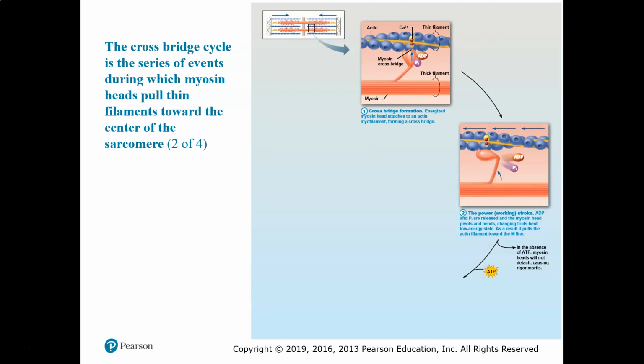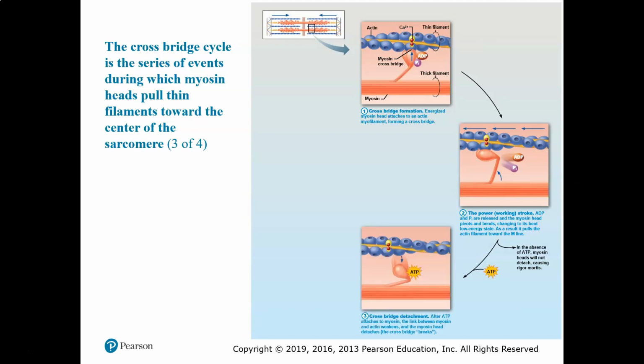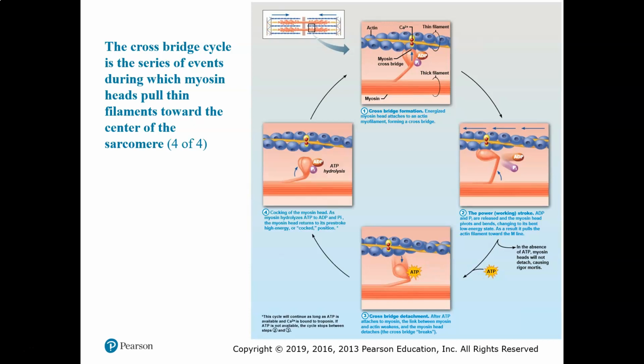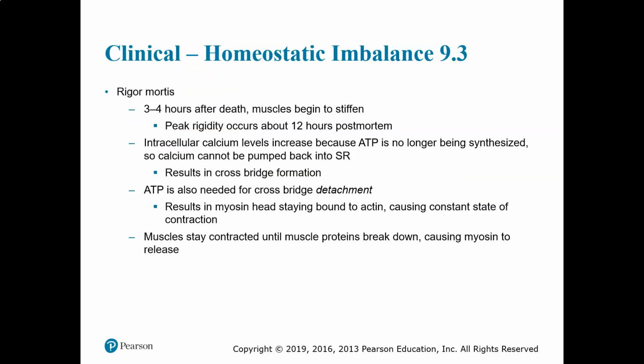And then you will have the power stroke. See how the myosin is at this angle, and then it moves that way. So it pulls the actin filaments toward each other. And ATP will then attach to the myosin head, and that will cause it to detach from the actin, and now it can be in position to form another cross bridge.